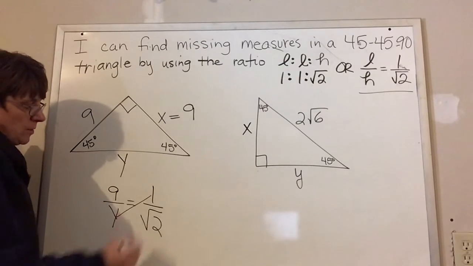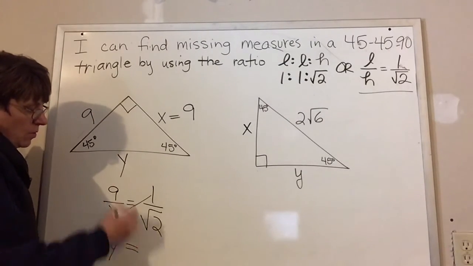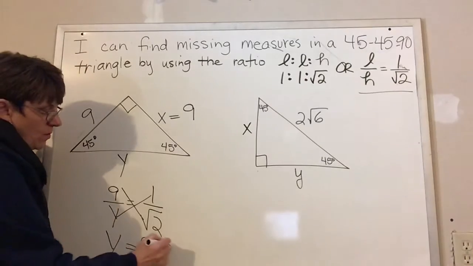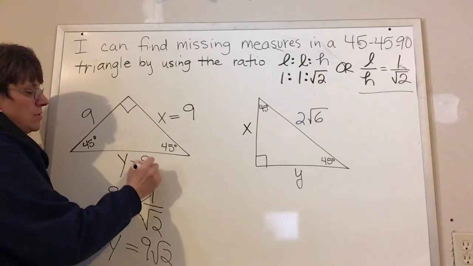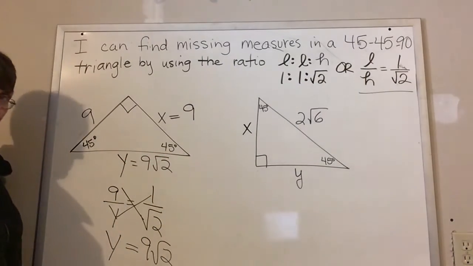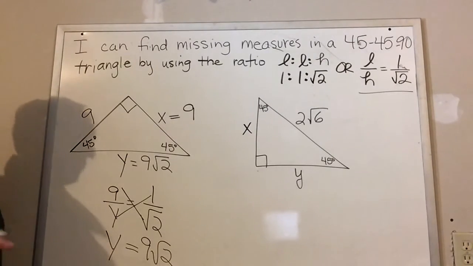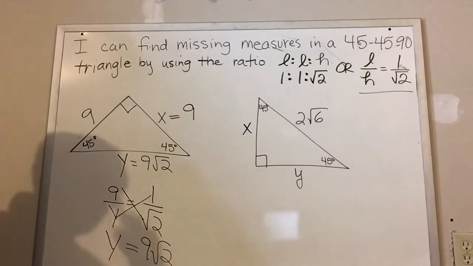So now if I cross multiply, y equals 9 times the square root of 2, so my hypotenuse is 9 times the square root of 2.